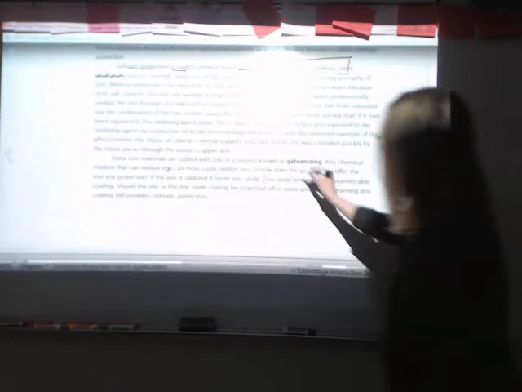Sometimes we may specifically coat iron with zinc, which is what galvanizing is. And what happens is the zinc on the outside is going to react, and so we call it the sacrificial metal. So we sacrifice that metal rather than what metal is underneath it. Does that make sense? So that's it. We're done with the section.